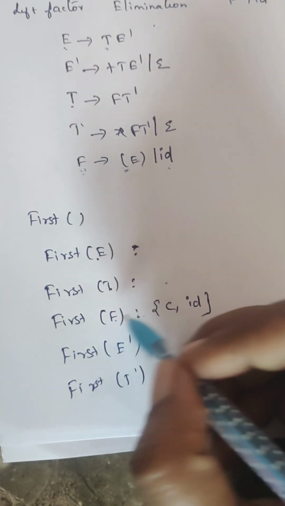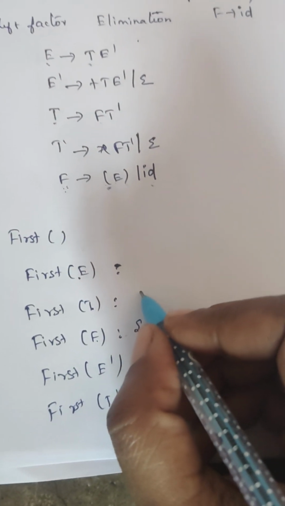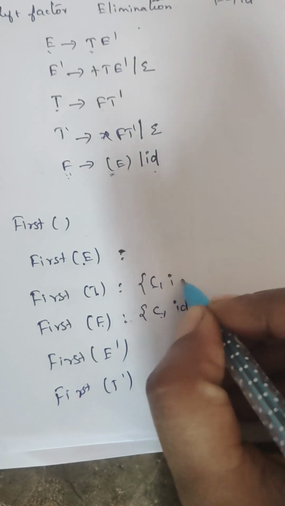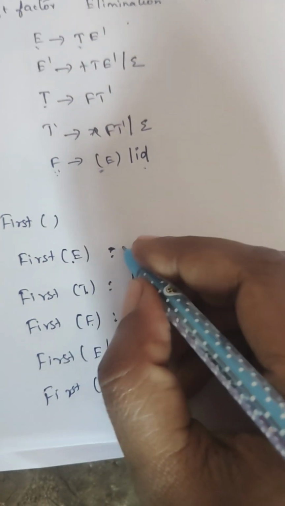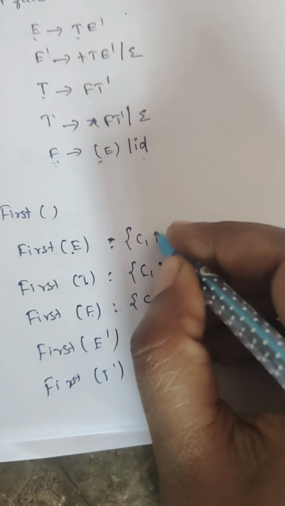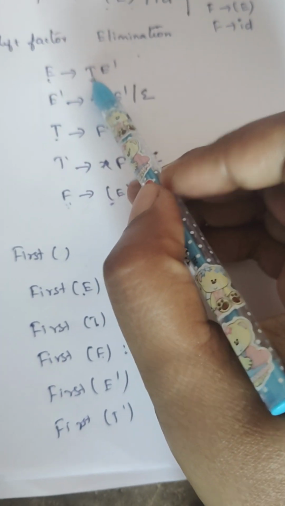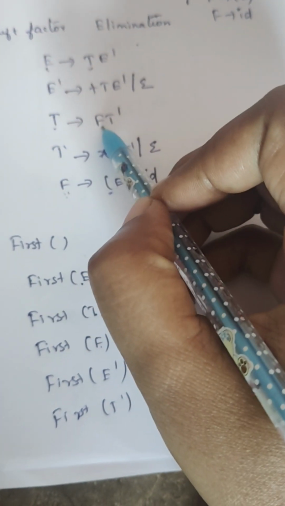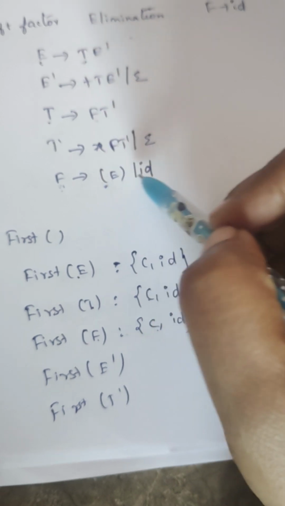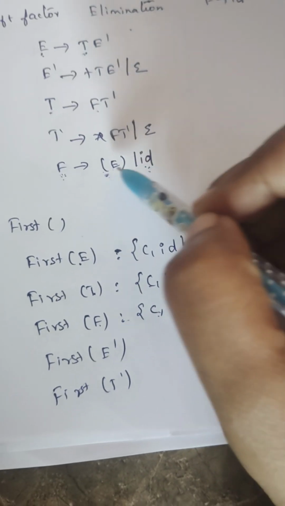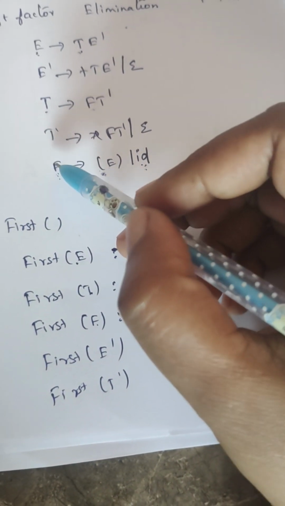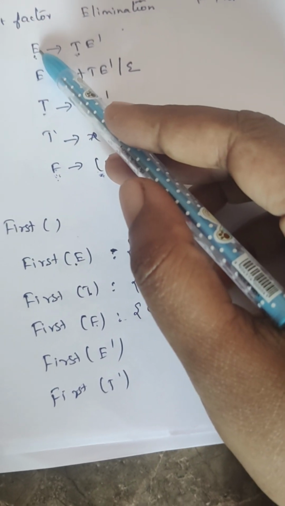So first of F is open bracket and ID, which means first of T is also open bracket and ID, and first of E is also open bracket and ID. This is because E points to T, T points to F, and F points to these two terminals. So first of F is equal to first of T, and first of T is equal to first of E.